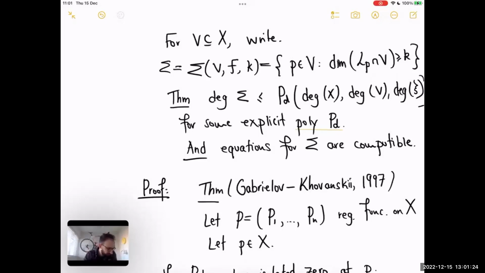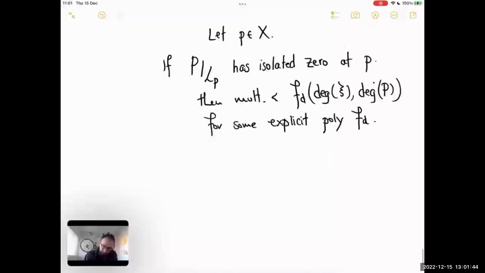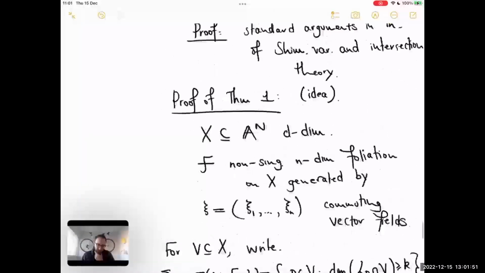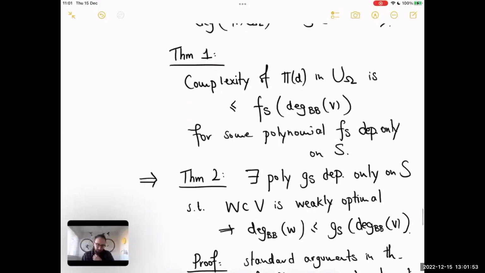So then you're testing for isolated zeros of large multiplicity, and some results, for example, of Bignamini and others, mean that can be tested by just applying derivatives of your original P's, which are all polynomials of bounded degree. And that almost immediately generates the proof of theorem 1, which was the complexity of the pi-d's.